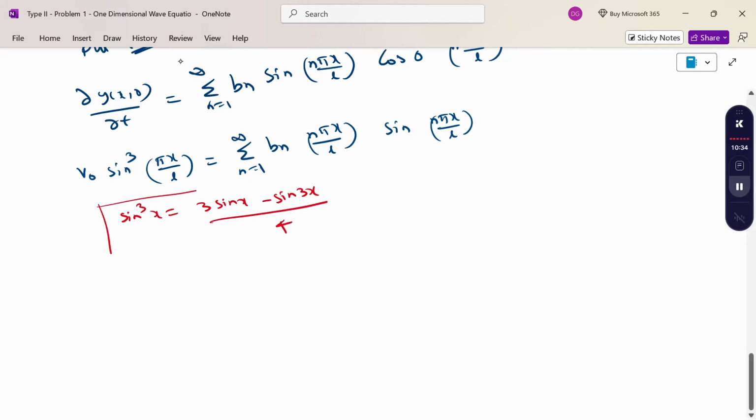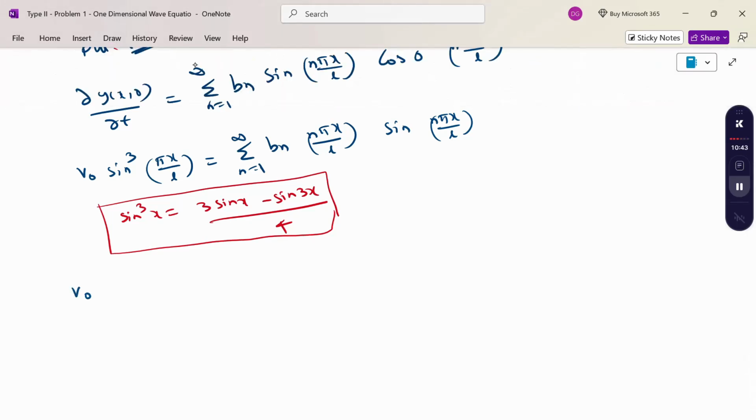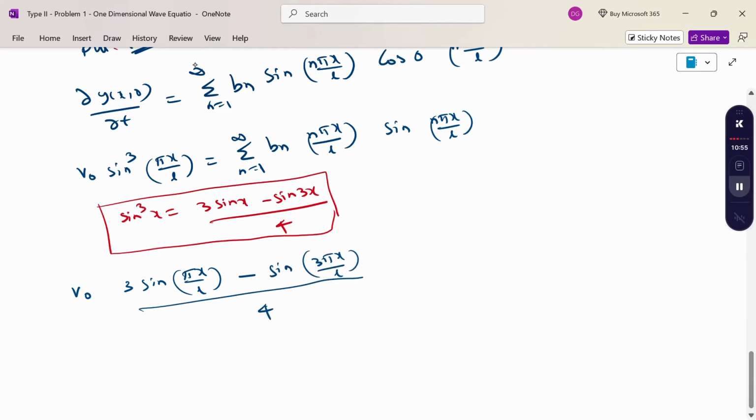Applying this form, v naught sin cube (pi x by L) equals v naught times (3 sin(pi x by L) minus sin(3 pi x by L)) divided by 4.